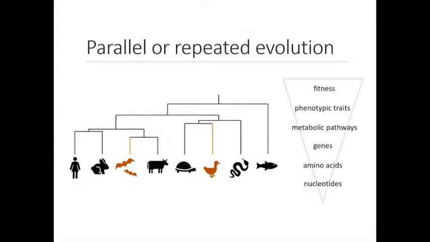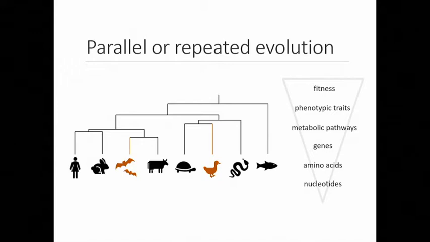But we can think about repeated evolution across many different levels of organization, from identical nucleotide changes, amino acid changes, all the way up to a variety of different phenotypic traits or metabolic traits, all the way up to similar fitness changes.